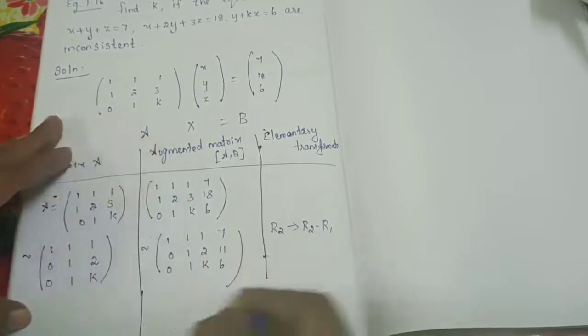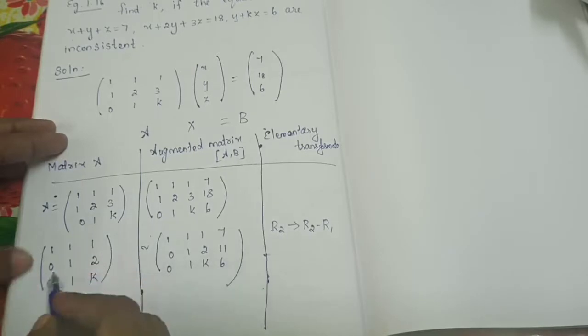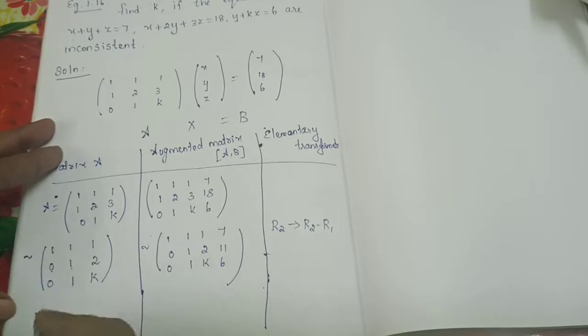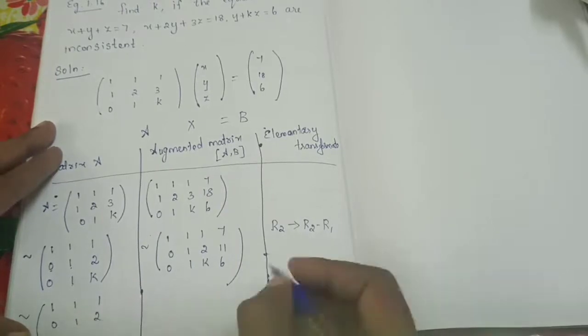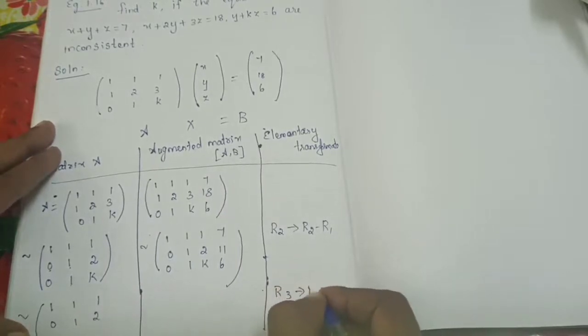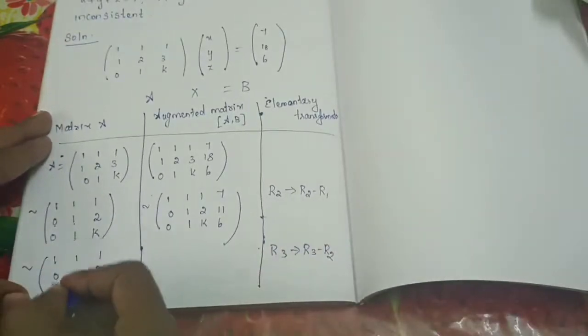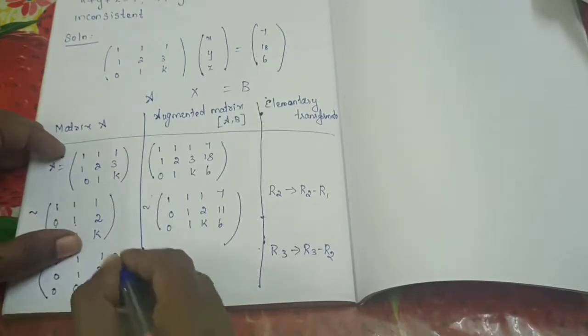Now these two elements are made 0. In the second row, the first element is 0 and the next element is non-zero, so below this element we need 0. So R3 becomes R3 minus R2. 1 minus 1 is 0, and k minus 2.